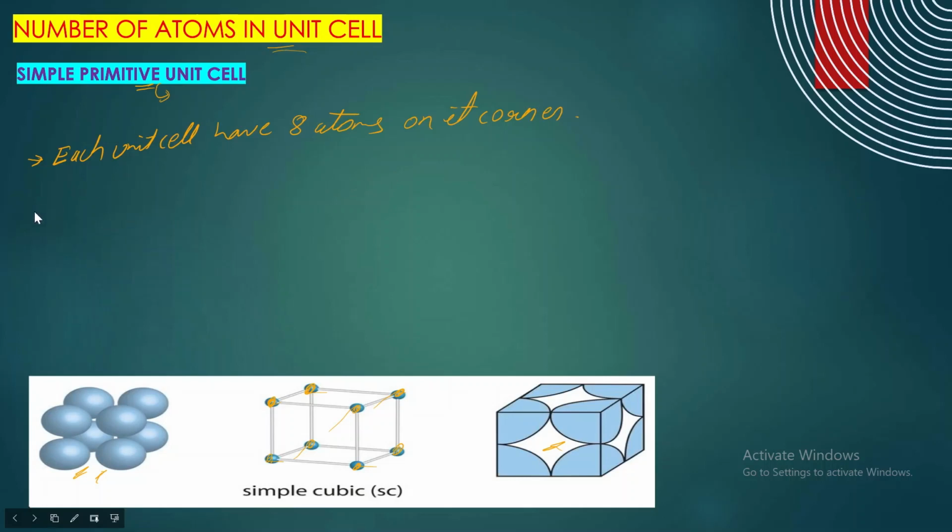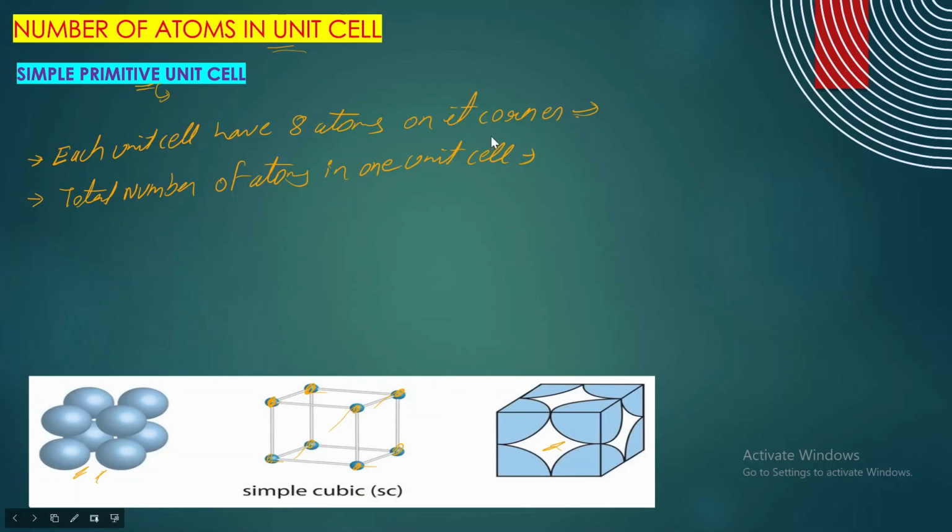Now we have to calculate the number of atoms at one corner. So how to calculate it? The total number of atoms in one unit cell.